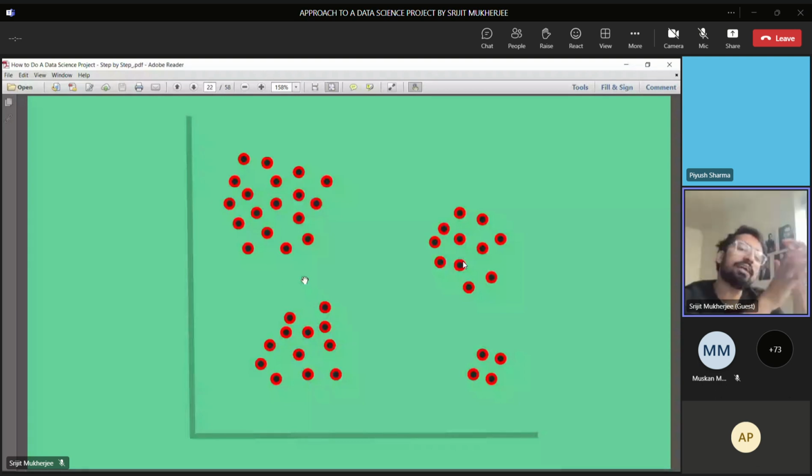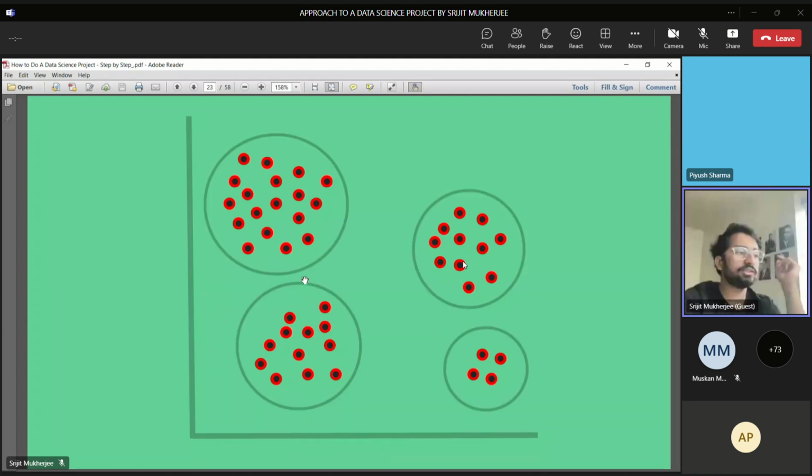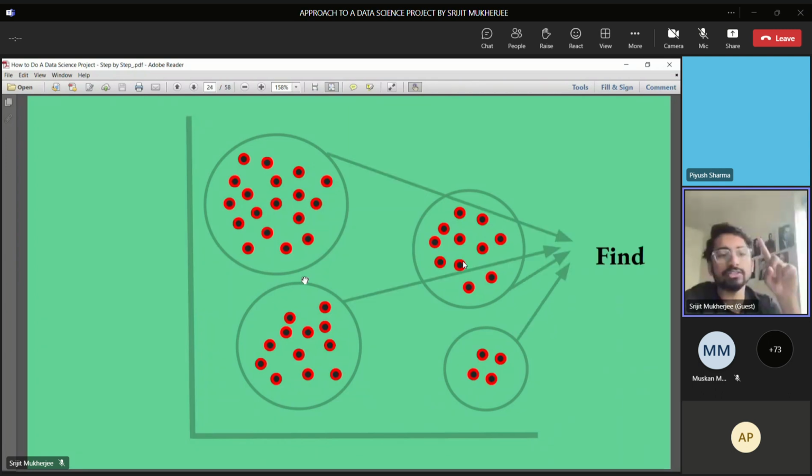When you plot them, you can see that some things tend to be together. Some data points are clinging to each other, and some are not, so there are different such clusters. The goal of unsupervised learning is to understand and find these similarly behaving clusters. It's one of the most important goals.